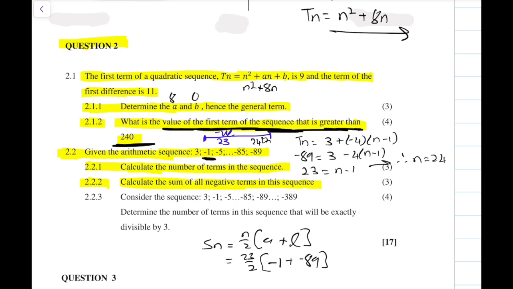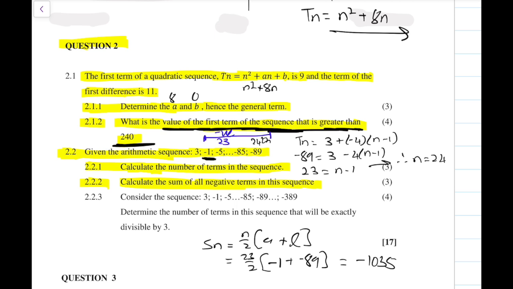We put that in the calculator, and that's going to be 23 over 2 into minus 90, which gives minus 1035. Now, you can use the other formula as well, just to make sure that it is correct.